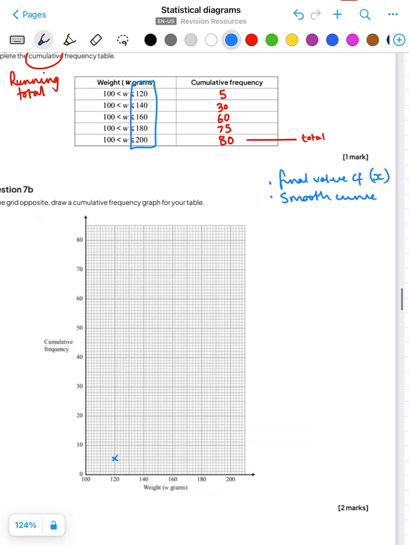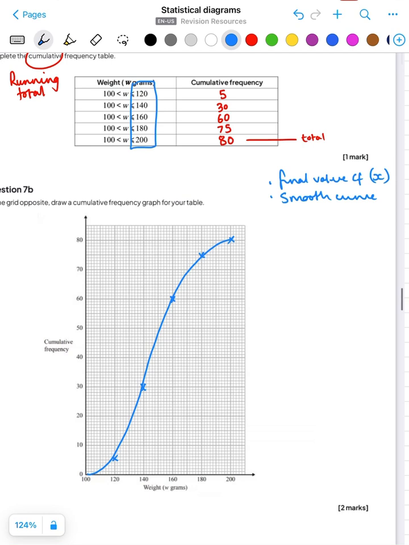X-coordinate 140, y-coordinate 30. X-coordinate 160, y-coordinate 60. X-coordinate 180, y-coordinate 75. Our final point, x-coordinate 200, y-coordinate 80. Join these with a smooth curve.